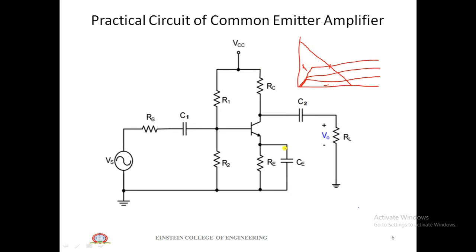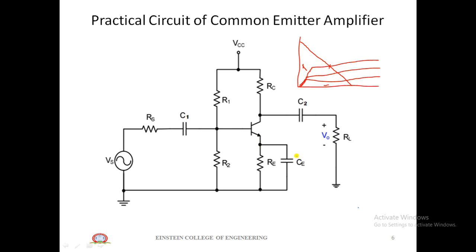Next is the capacitor CE. It is in the emitter terminal. It provides a low reactance path. Here will be the amplified signal, and that current will flow here.